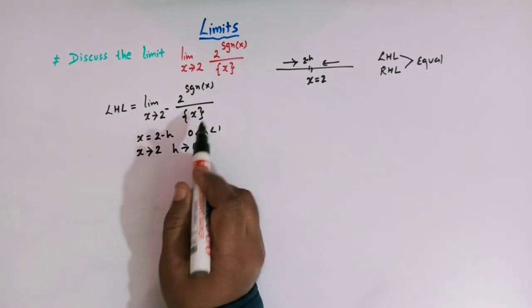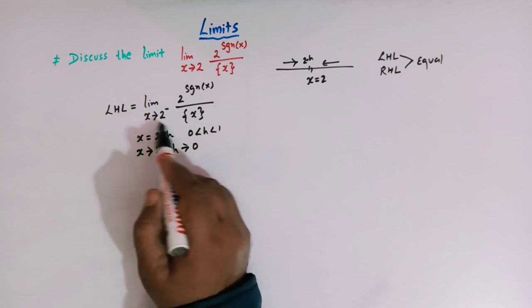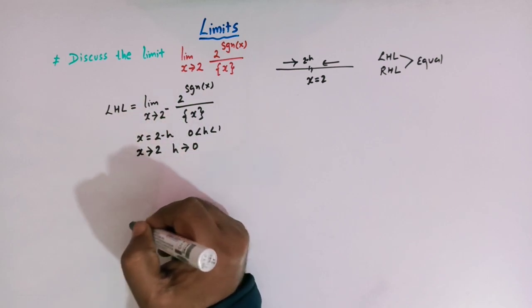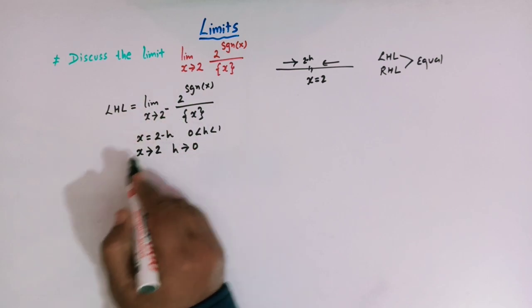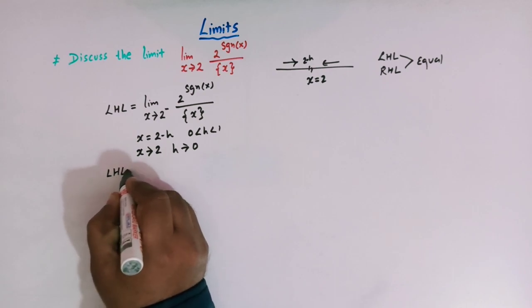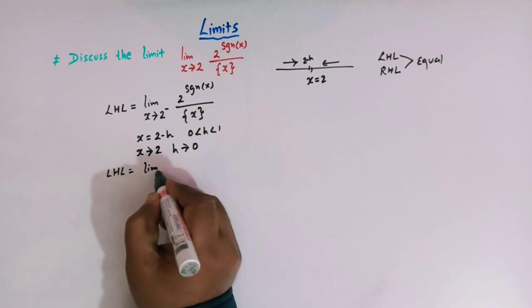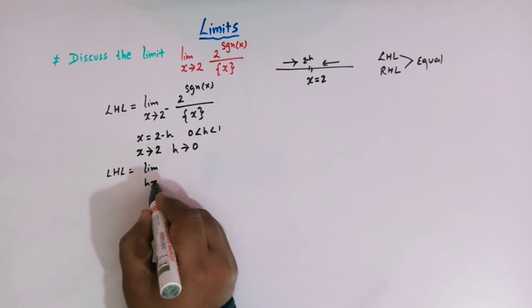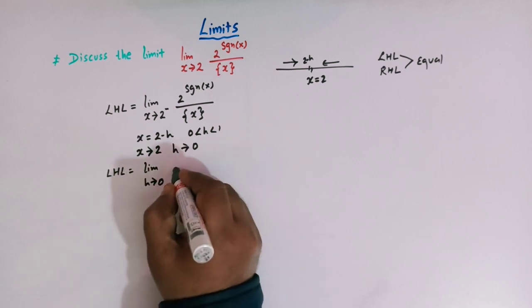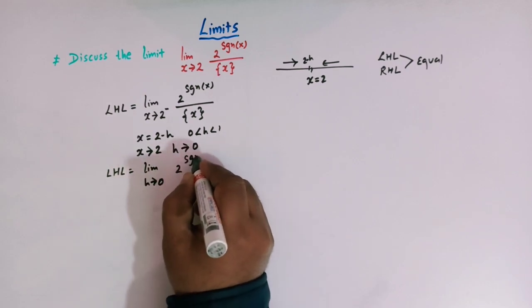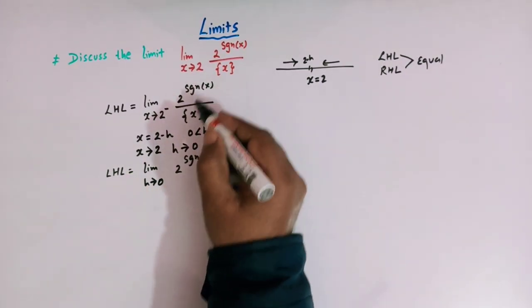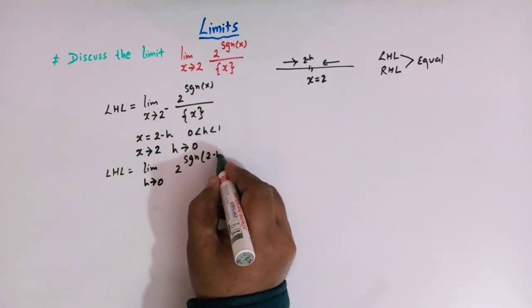Now let us convert this limit in terms of h by taking x equal to 2 minus h. The left hand limit now reads as limit h tends to 0 of 2 raised to signum of x, and for x we can write 2 minus h.